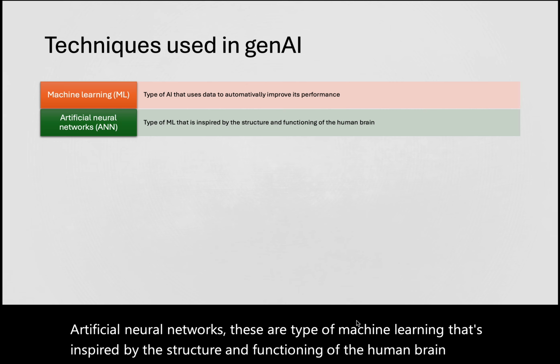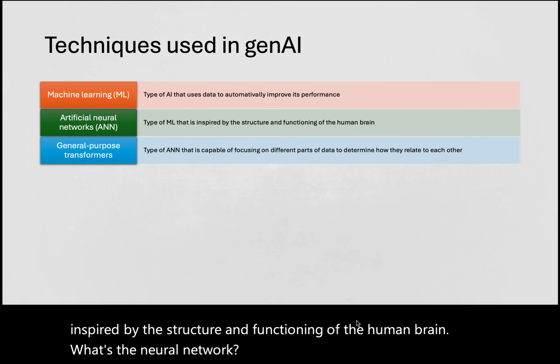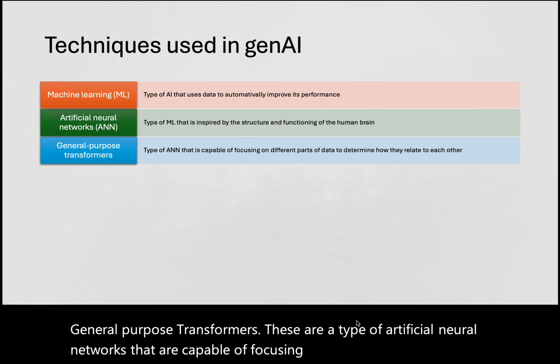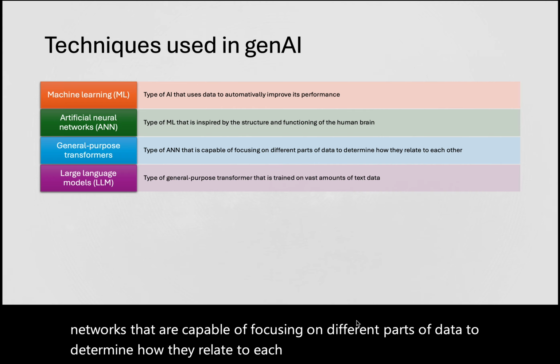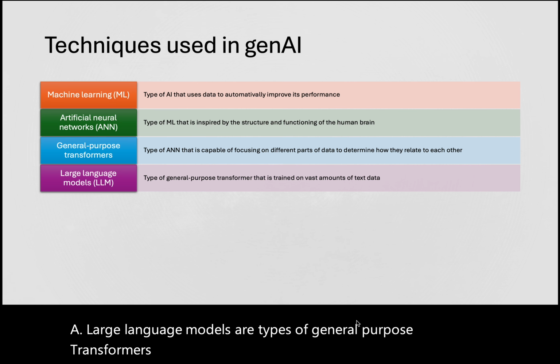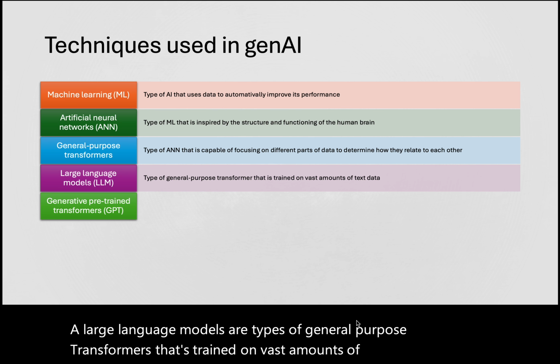General purpose transformers are a type of artificial neural networks that are capable of focusing on different parts of data to determine how they relate to each other. Large language models are types of general purpose transformers that are trained on vast amounts of text data.